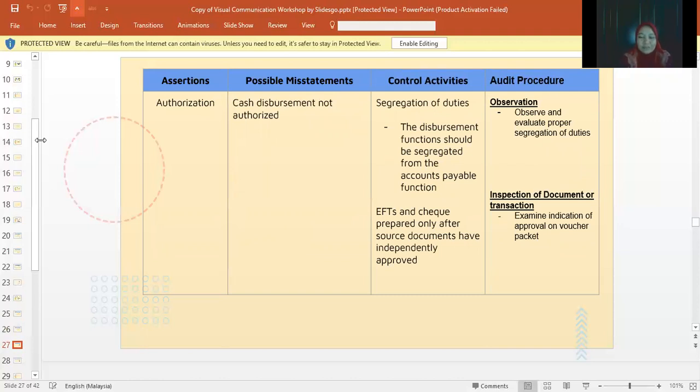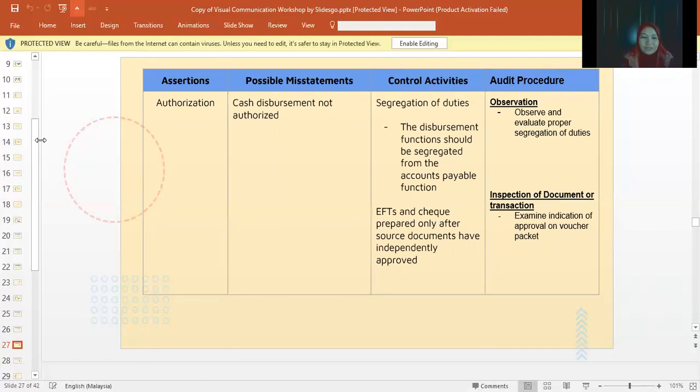And the next is authorization. The possible misstatement is cash disbursement not authorized. And the control activity is segregation of duties. The disbursement functions should be segregated from the accounts payable functions, and the EFT and check prepared only after source documents have been independently approved.